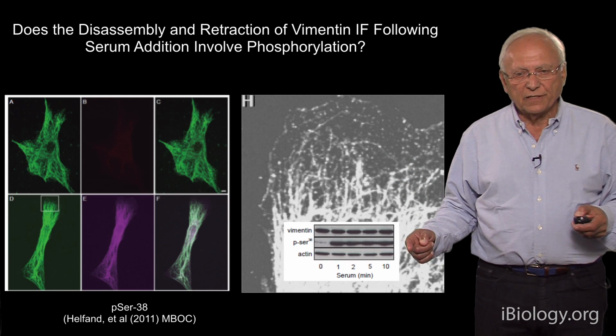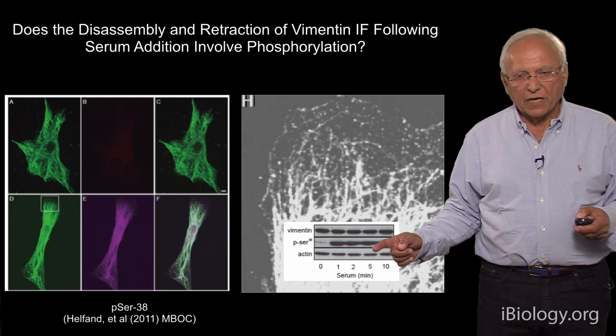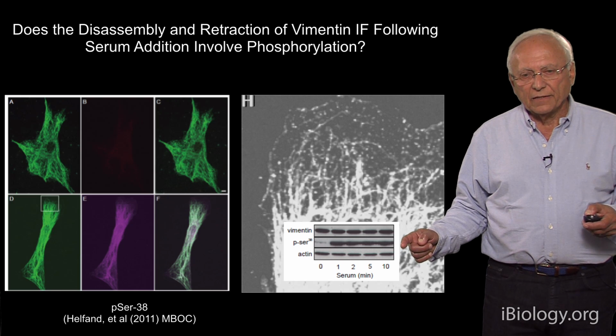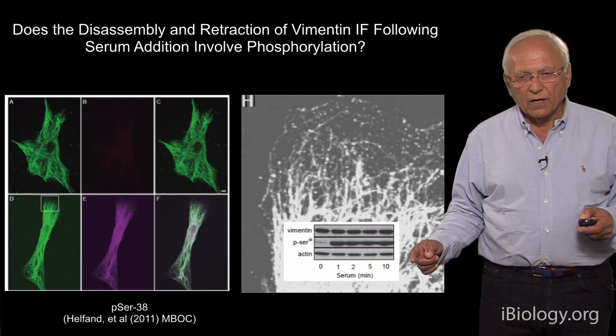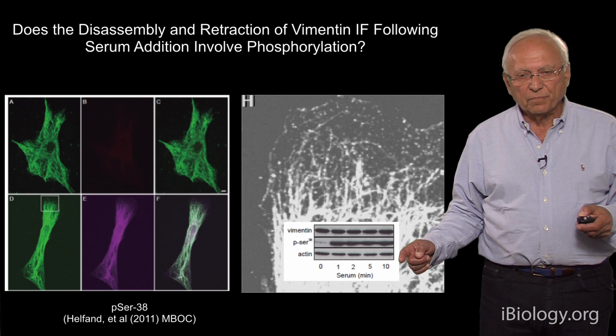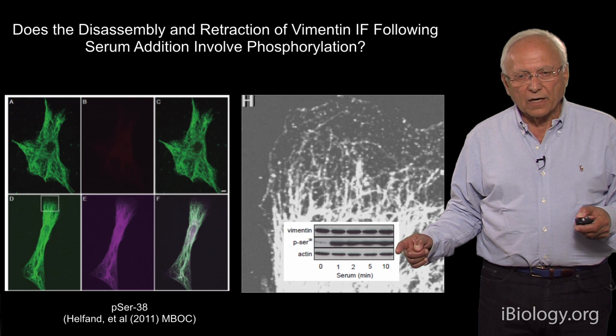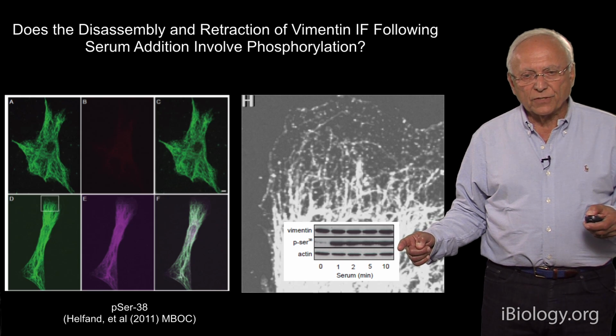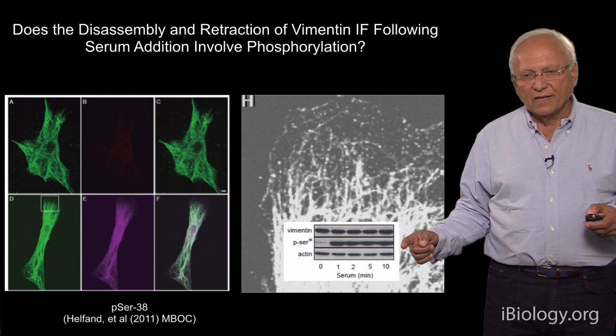And here we can see in an SDS acrylamide gel the result of a Western blot, that in fact phosphorylation within 1 minute after adding serum goes up very significantly, many fold. If you look at the 0 time versus 1 minute, you'll see the Vimentin is rapidly phosphorylated.